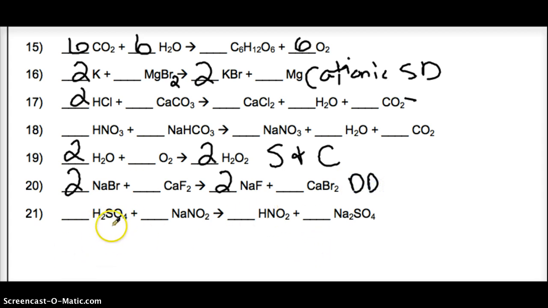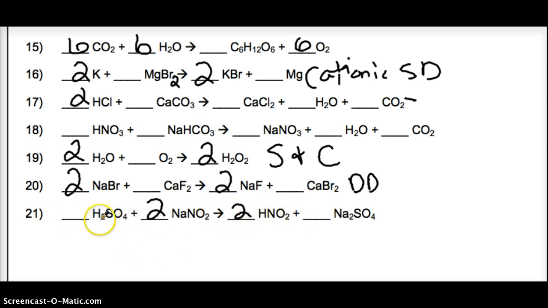And our last one here, we'll skip the hydrogen for a second, go to the sulfates. We've got 1 sulfate, 1 sulfate. We've got 1 Na, 2 Na. Put a 2 there. Okay. That gives me 2 nitrogen, 1 nitrogen. Put a 2 there. That gives me 4 oxygen on this side, 4 oxygen. 2 hydrogen, 2 hydrogen.